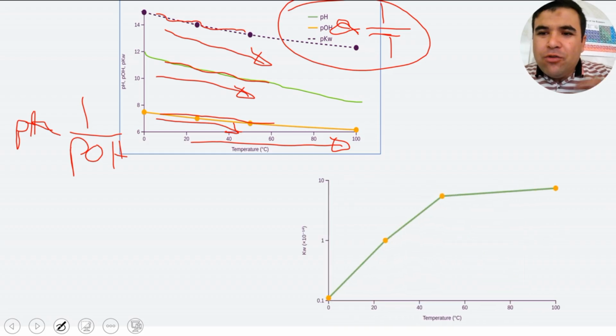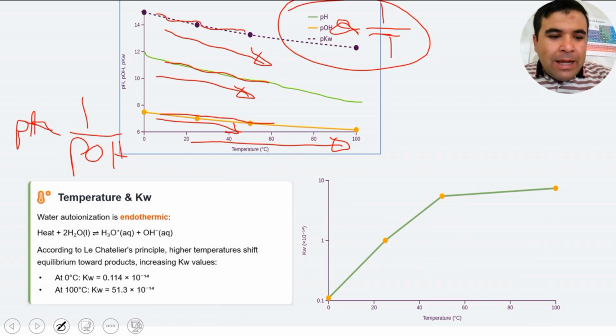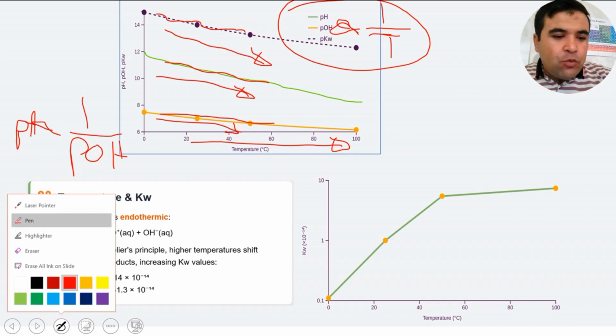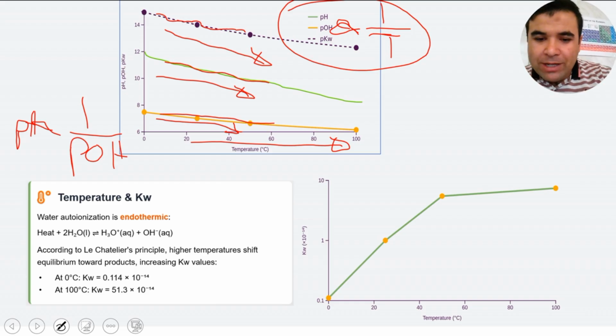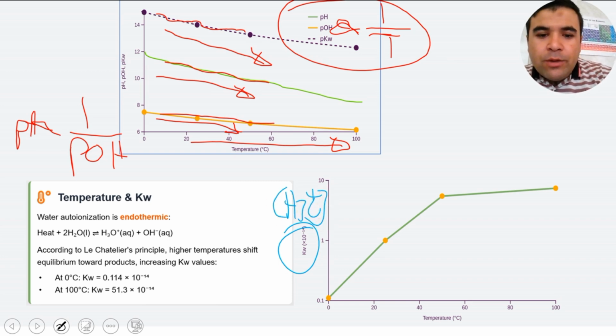We'll be talking about another group of relations with temperature, guys. The group of Kw, hydronium, hydroxide, and ionization. The relations in this group are directly proportional with temperature, guys. As you can see, it represents Kw, and we can say another quantity, hydronium, because it increases with Kw, and then hydroxide concentration, and then ionization.